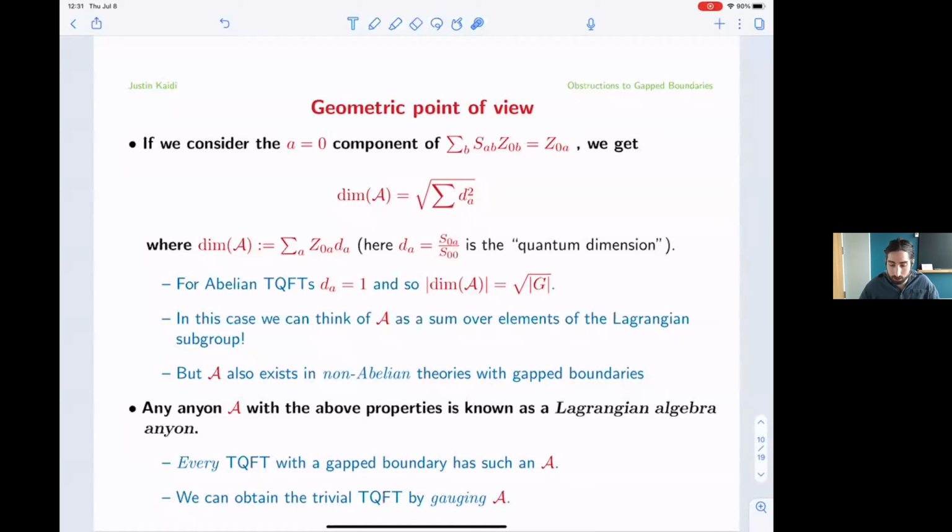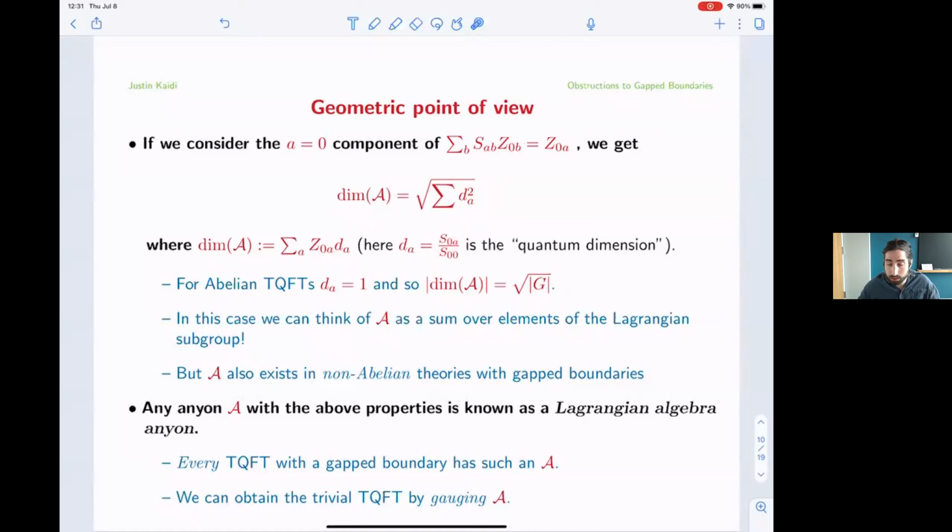If you're not familiar with the quantum dimension, it's defined here, but we don't have to worry about it because we're about to go back to abelian TQFTs. Abelian TQFTs have all of the quantum dimensions being 1. So if we now retreat back to abelian TQFT, then this formula is simply that the dimension of the fancy A anion is the square root of the order of G.